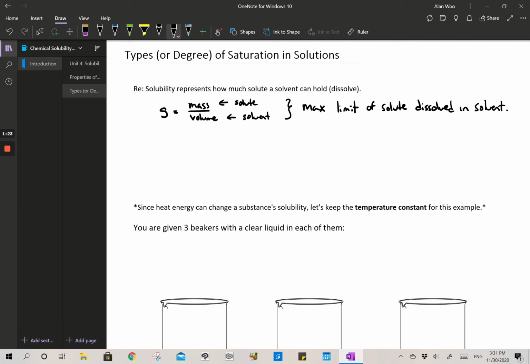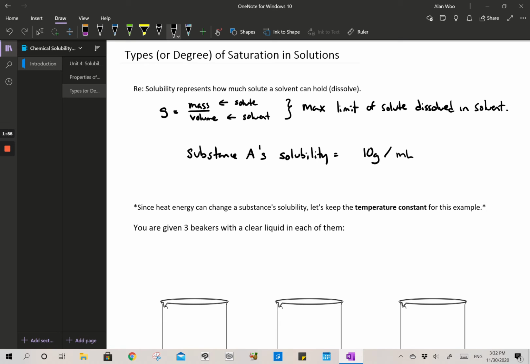To give you an example of this, let's say that we have substance A, and we know that its solubility is, let's say, 10 grams per milliliter.